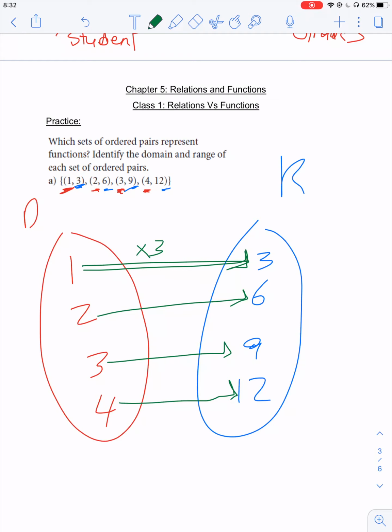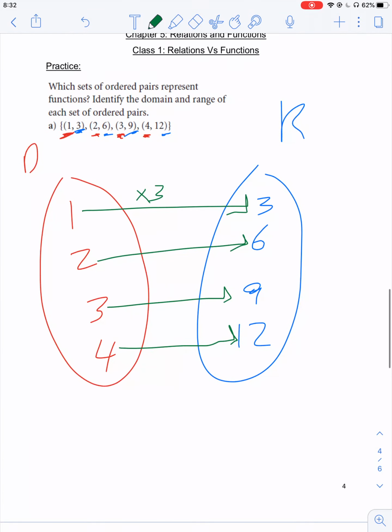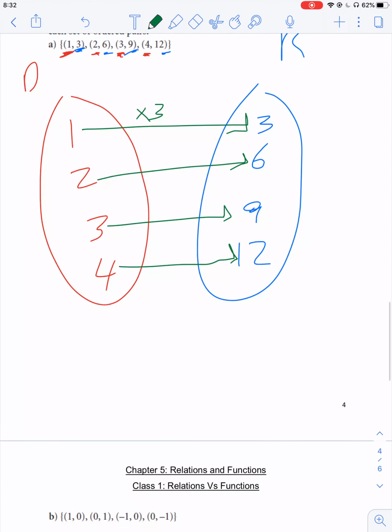So to answer the question, what is the question asking? Identify the domain and range. That we have done. Now, is this a relation? Yes, this is a relation. If you have elements on one set associated to the elements on the other set, it will always be a relation.